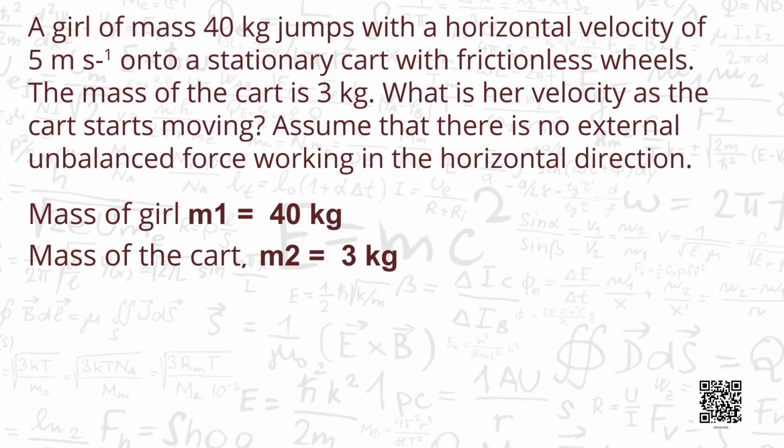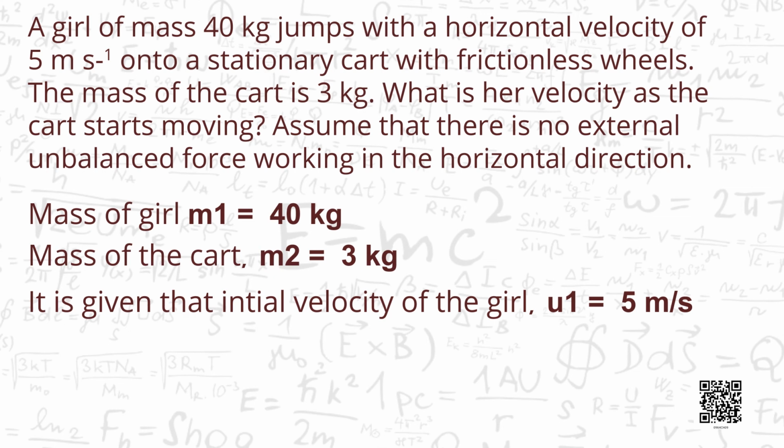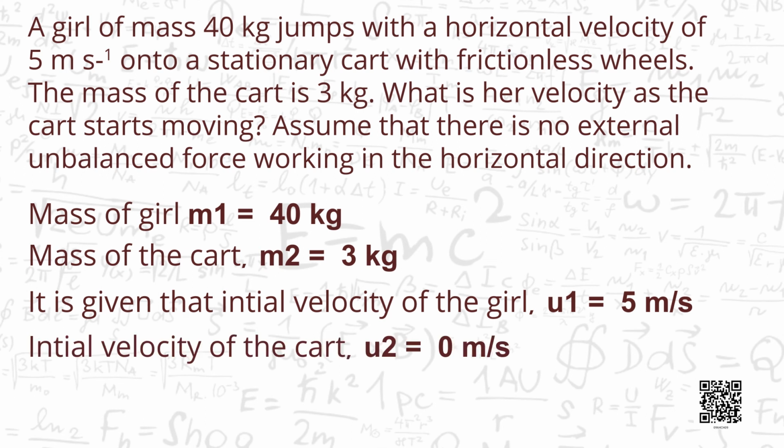It is given that the initial velocity of the girl u1 is equal to 5 meter per second as she jumps on the stationary cart, and we know that the cart is stationary. So let u2 be the velocity of the cart, and u2 here is 0 meter per second.